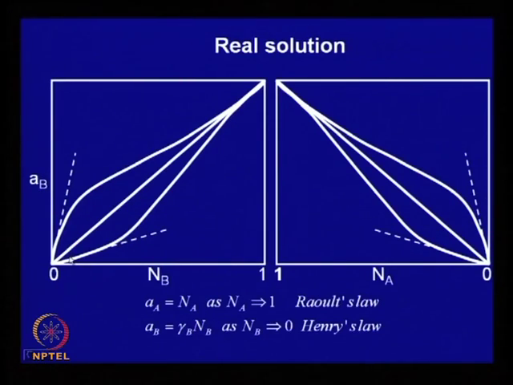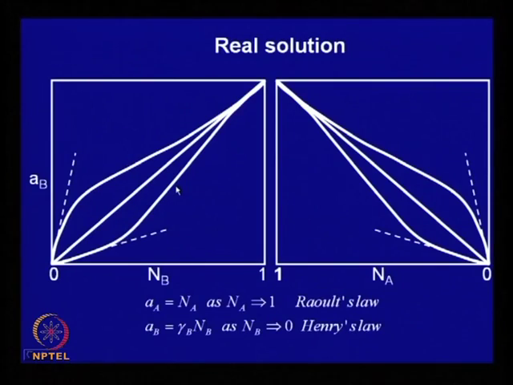In reality we usually have some deviations, either a positive deviation, that is activity is greater than atom fraction and it describes a path like this, and it can also be the other way, the activity of B is less than the atom fraction N B and it follows this type of path.